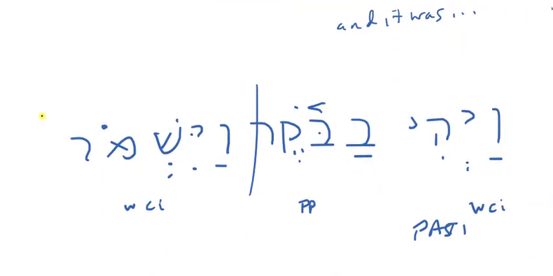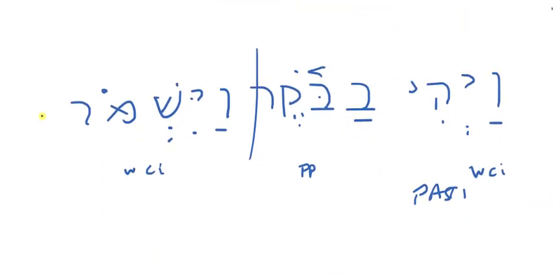Okay. Yeah, this is the one that he gives in his book. So I have Vayhi Baboker. See, there's Vayhi. That's a past time form, right? So this is indicating past tense.